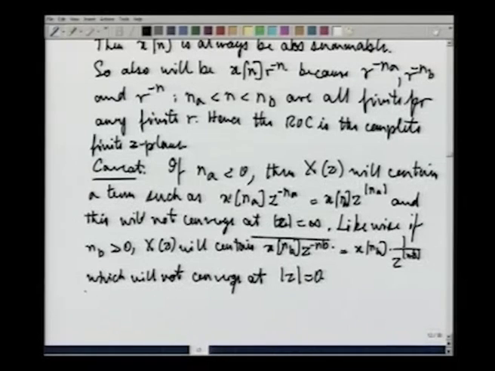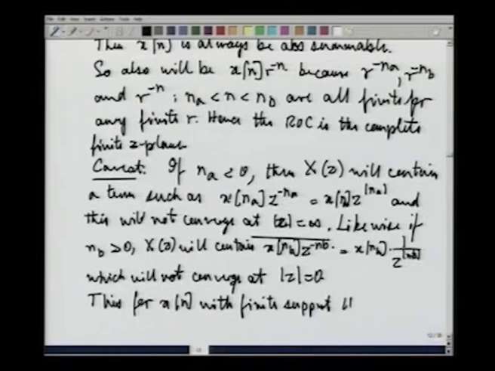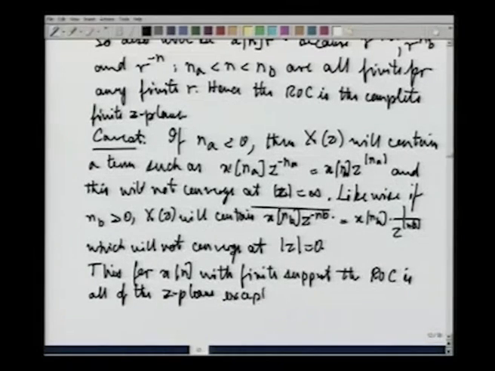Thus, summarizing, for x[n] with finite support, the ROC is all of the z plane, excepting either z equal to 0 or z equal to infinity or both. So, that is for the finite length sequence, finite support sequence.